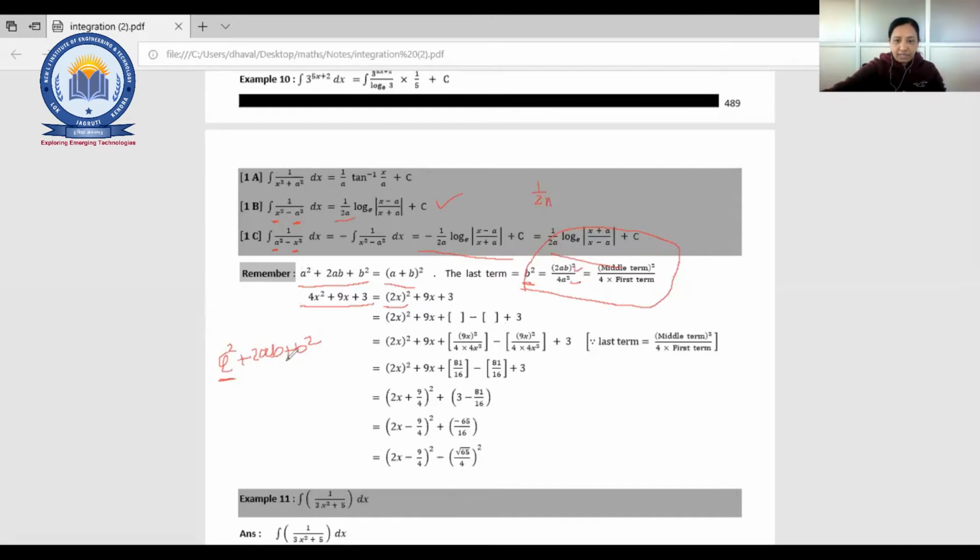Now here the last term is b square, which we find from this equation: middle term square, the middle term is 9x. So 9x square upon 4, the first term is 4x square. So we have added that term and subtracted the same, so it will not affect our expression. Fine, and plus 3.